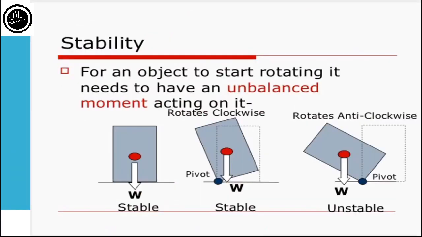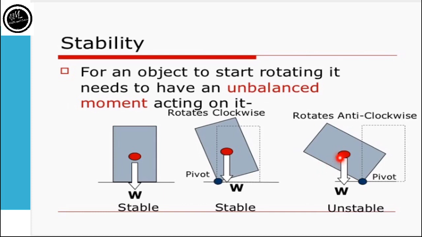Now, the base of the vehicles is also made wide. Why does this happen? So that the vertical line passing through the center of gravity should not go out from the base. What will happen if it goes out from the base?